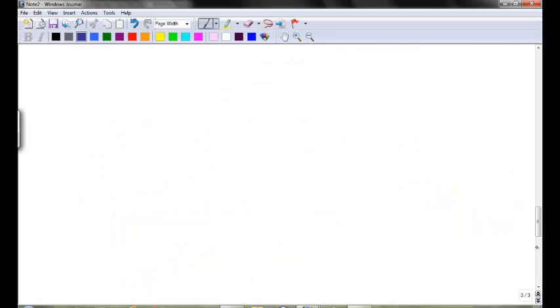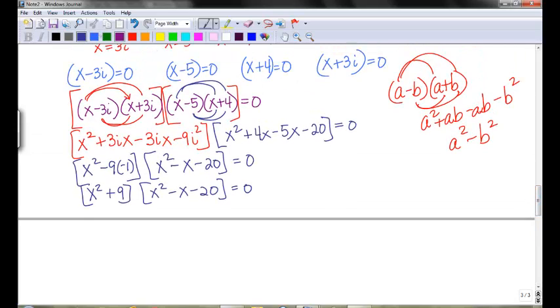Okay. So now you've got to multiply. There is no shortcut on this part. You've got to take x squared times everything. Remember, when you're multiplying, you add the exponents. Check my arithmetic.